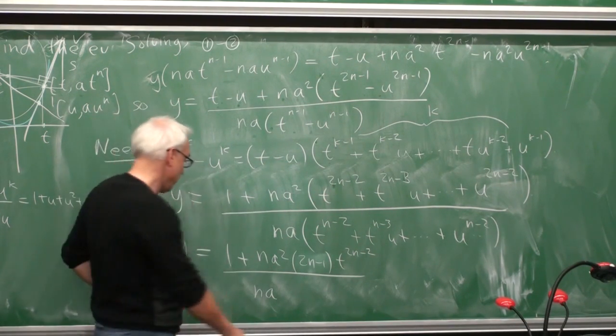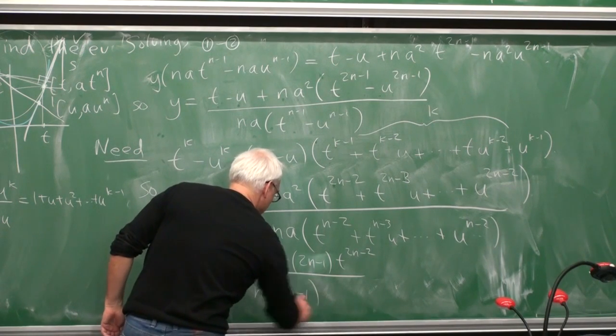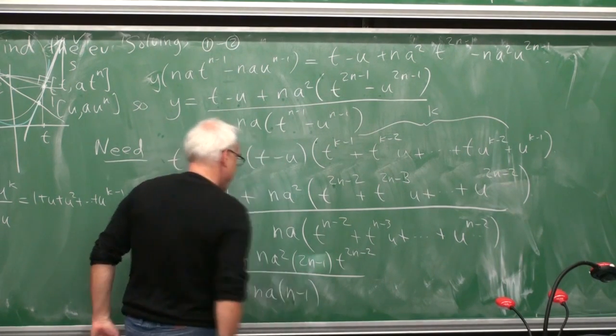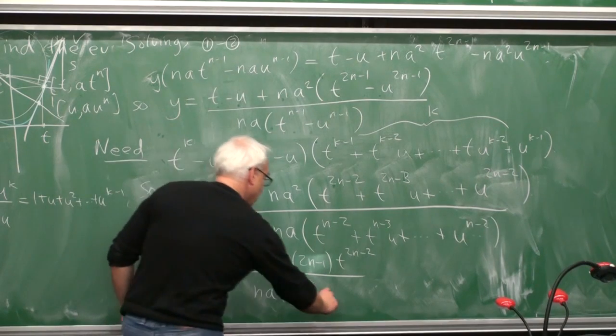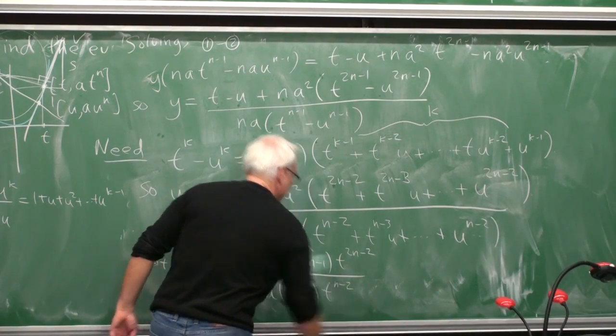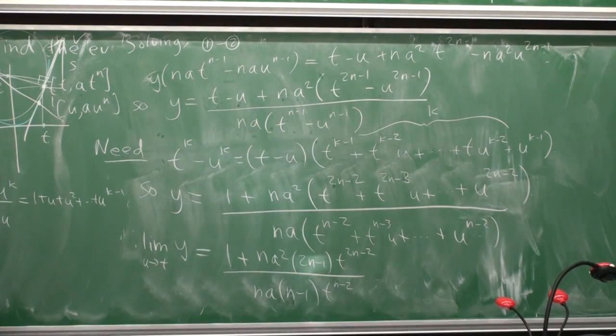So n minus 1 there. And the common terms are all t to the n minus 2. All right, that's what y is. That's an expression for y in terms of t. It also involves a, of course, and it also involves n.